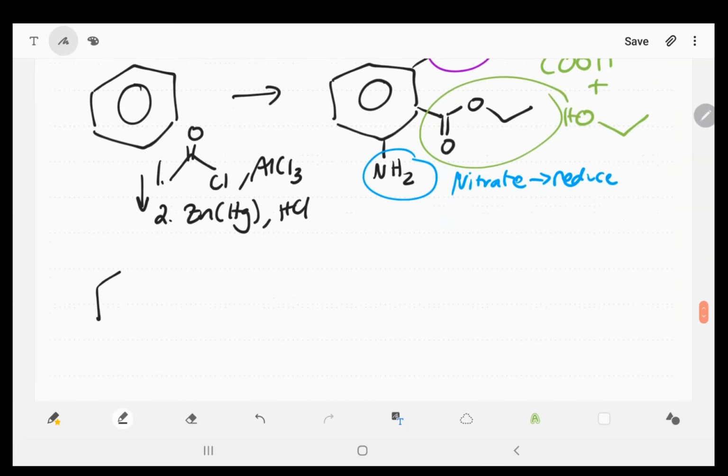Okay. So, if we do that, I'm going to put it right here. Our ethylbenzene. Now what? We have the choice of putting an NH2. All right. How do we do that?